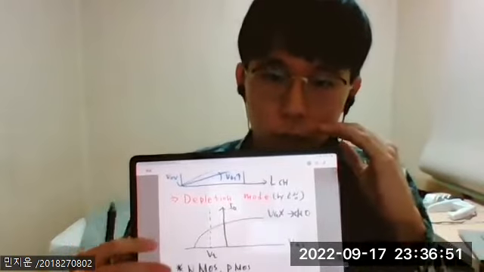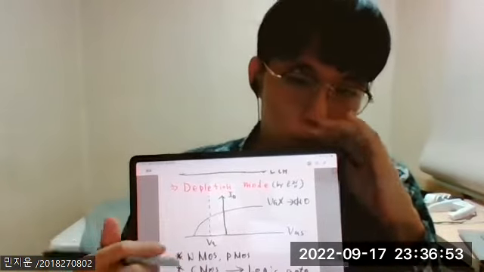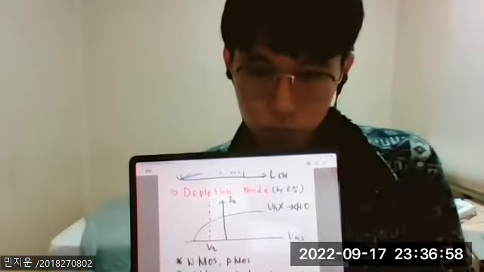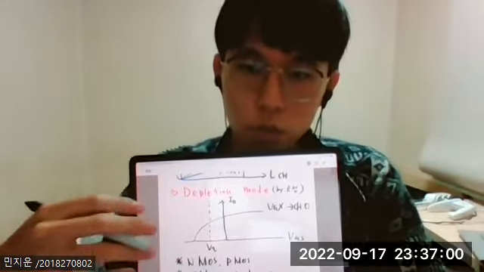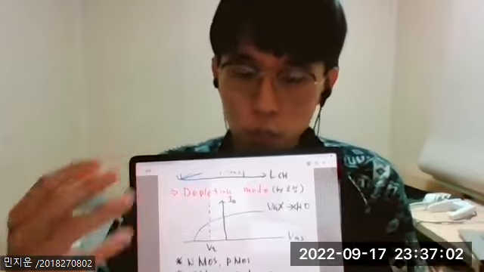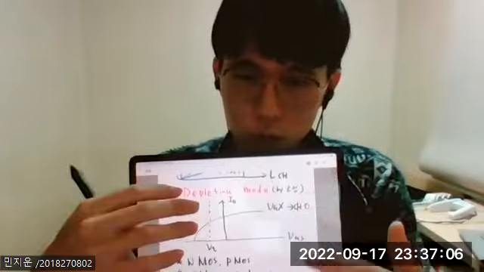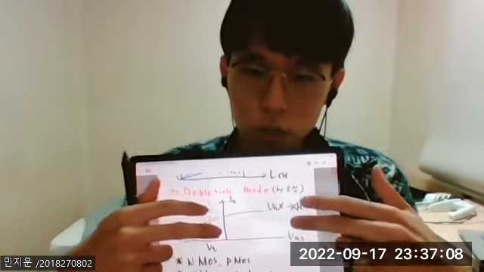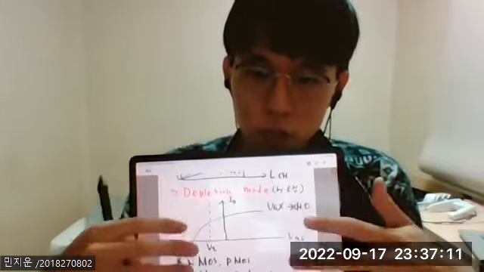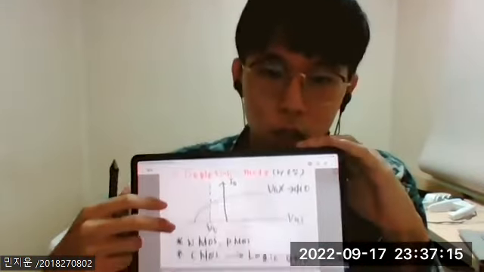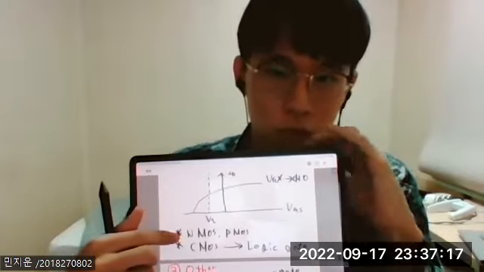Next one is depletion mode. It is simple. Even if you don't apply gate voltage, the channel exists at first because the threshold voltage is negative.